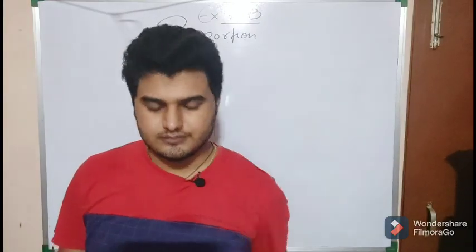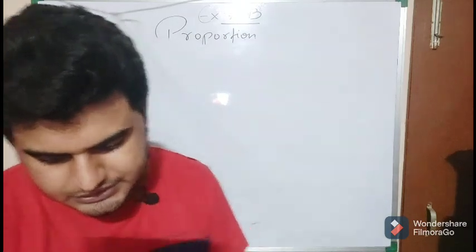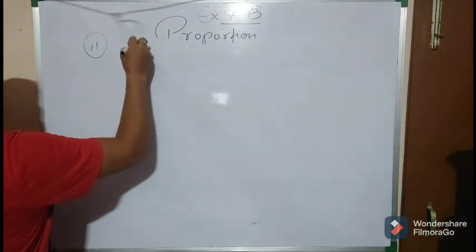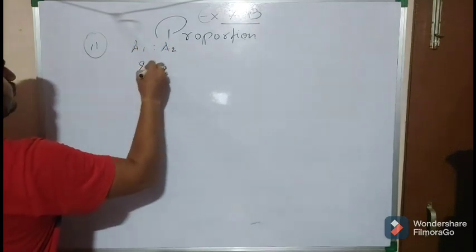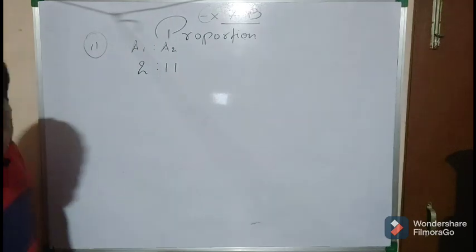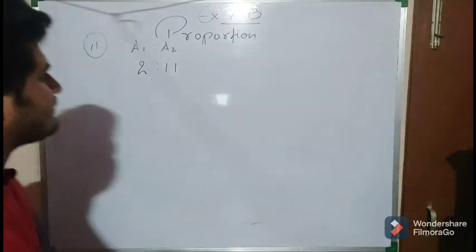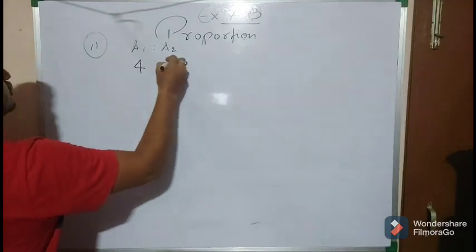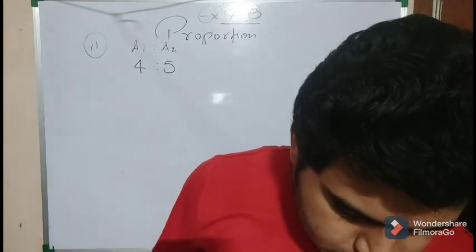Question number 11. The ratio of the areas of two squares is 4:5. The ratio of areas of two squares is 4:5.